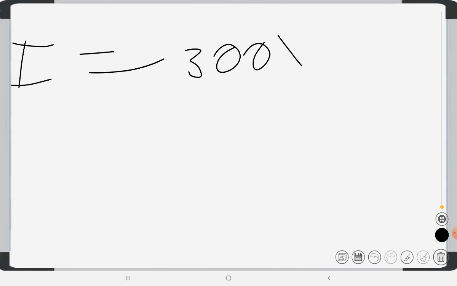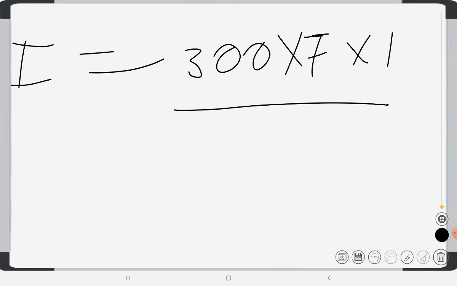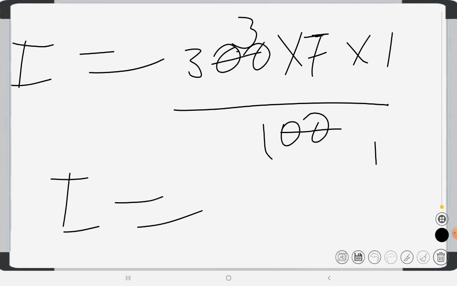We need to substitute them in that formula. I is equal to, what is P? 300. And the rate of interest? 7%. And the time? 1 year. By 100. 100 ones are 100, threes are 3. I is equal to 3 into 7, 21. 21 into 1, 21 rupees. The extra amount you get from that man is 21 rupees.